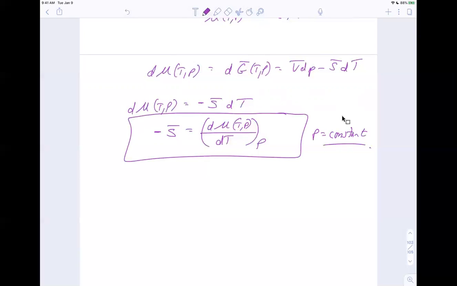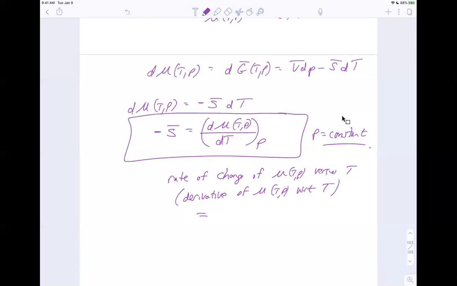So what we have here is that the rate of change of mu versus T, which is really the derivative of mu with respect to T at constant pressure, is equal to the negative of the entropy.